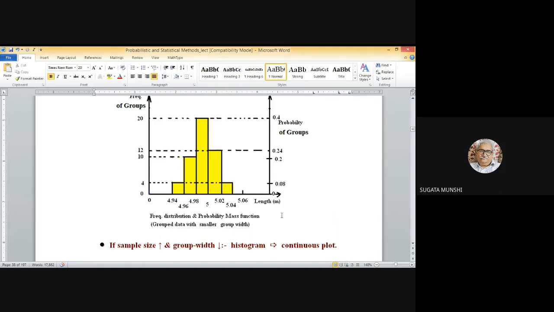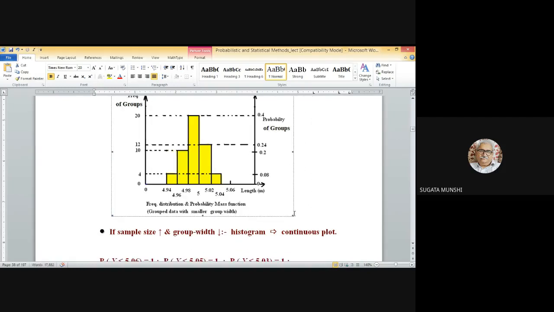Have you completed drawing the figure? This type of plot is called a histogram. So if the sample size is increased further and the group width is decreased, then this histogram will tend to a continuous plot.